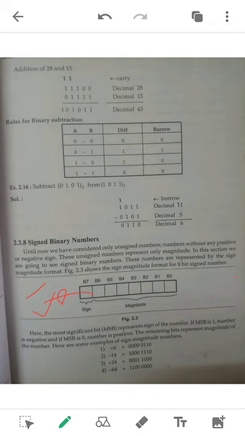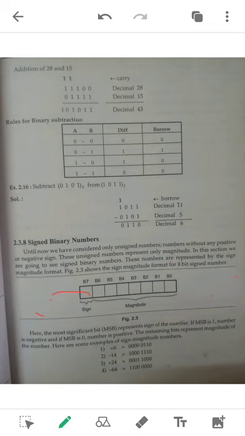Okay, is it clear? If the MSB or B7 is 1, the number is called a negative number. If the MSB or B7 is 0, then it is a positive number.